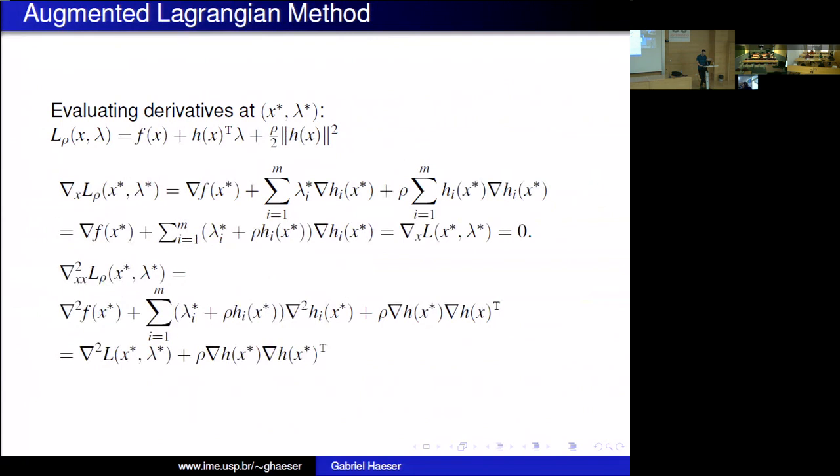And to prove this, let's evaluate some derivatives. So remember, I have a Lagrange multiplier, lambda star, associated to this point, x star. So this is the augmented Lagrangian, and these are the derivatives when I evaluate it at this point, x star, lambda star. So it's a simple computation here. This is the derivative of this part, this is the derivative of this part, and this is a sum of squares of the constraints. The derivatives are something like this.